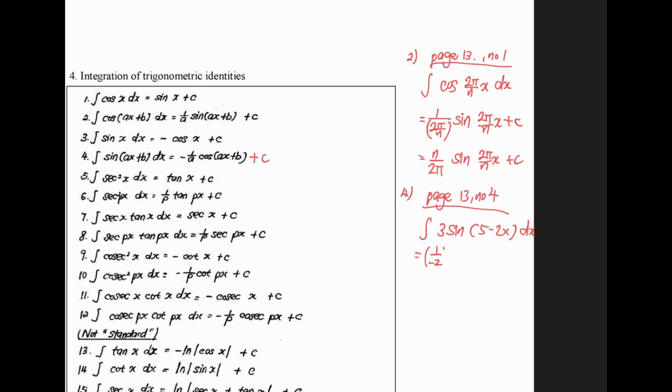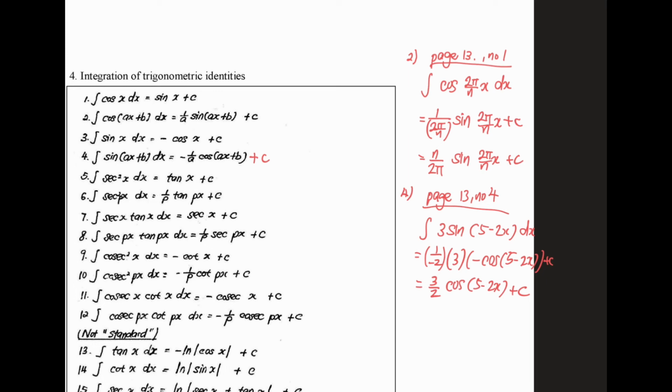Okay, so the 3 remain there. Integrate sine, you will get negative cos, so negative cos(5 minus 2x) plus c. Now we simplify this, we end up with 3/2 cos(5 minus 2x) plus c. So that is how we handle question 4. Okay, now let's move on.